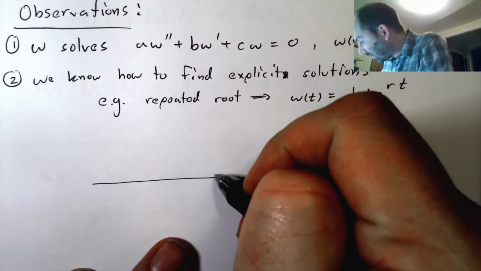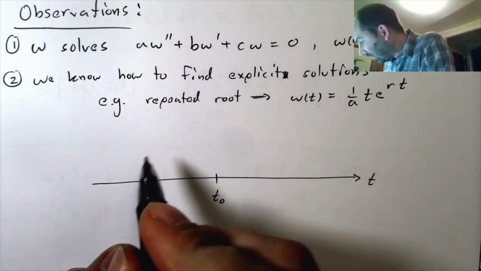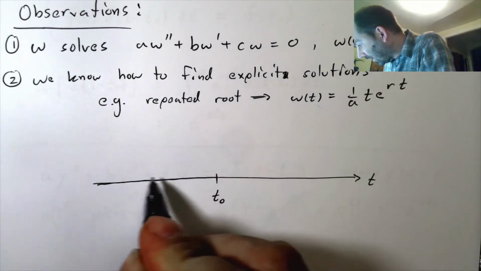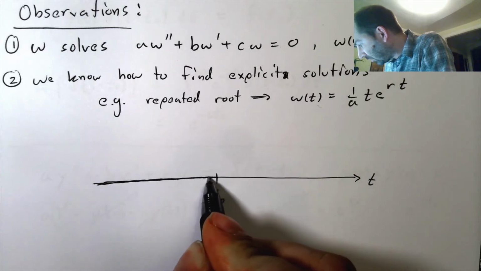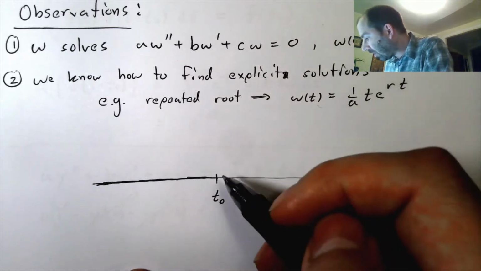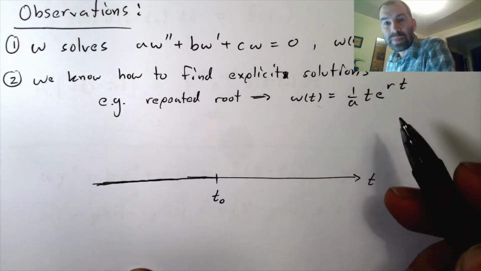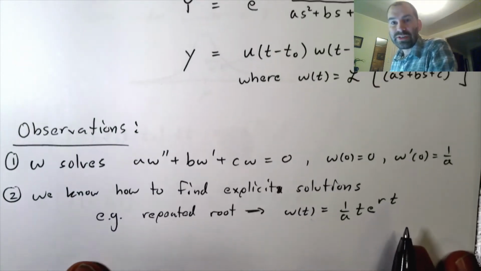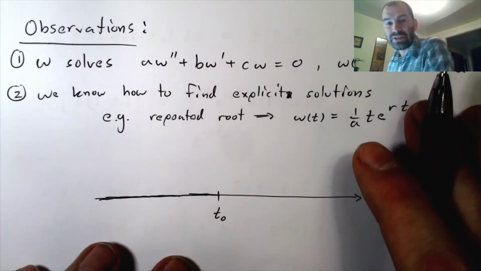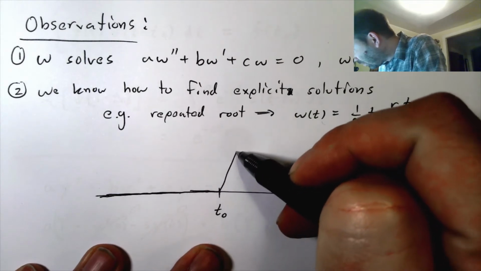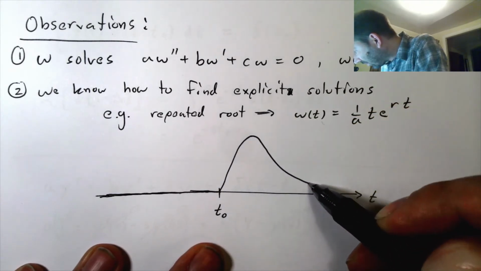So up to t0, we're 0, right? That's what the step function is forcing. It's forcing us to be 0 up to here. But then all of a sudden, this solution kicks in. Of course, it's the shift of that solution, shifted t0 units to the right, and so you would get something that maybe looks something like this.